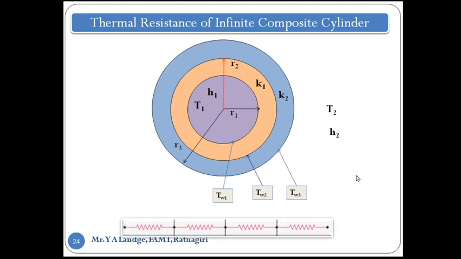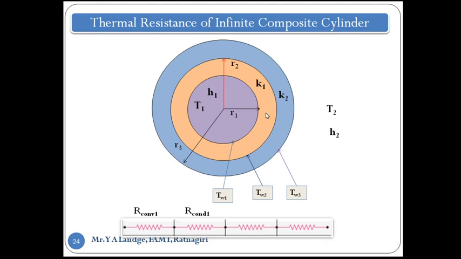Now look at the electrical analogy on that. On the resistance basis, we just find out what the resistances are. The first resistance, inside the pipe, is by convection, because the fluid is flowing through it. So the first one we represent as R convection. After that, the mode of heat transfer is convection in the fluid. Then between the surface of the pipe and the material, it is by conduction, because this is a solid material.